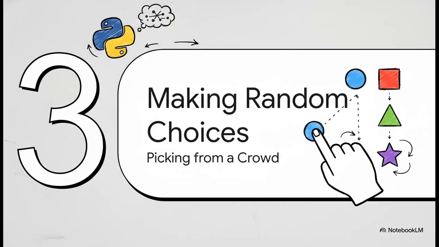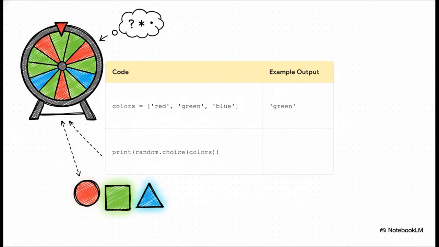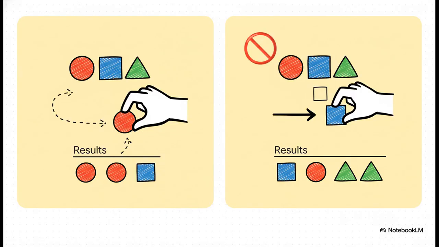Generating numbers is awesome, but a lot of the time you need to make choices from a list of things. The random module has some really powerful tools for exactly that. The simplest tool here is random.choice. You just hand it a list, or any sequence really, and it plucks out one single random item. It's perfect for things like picking a random winner from a list of names. Okay, but what if you need to pick more than one item?